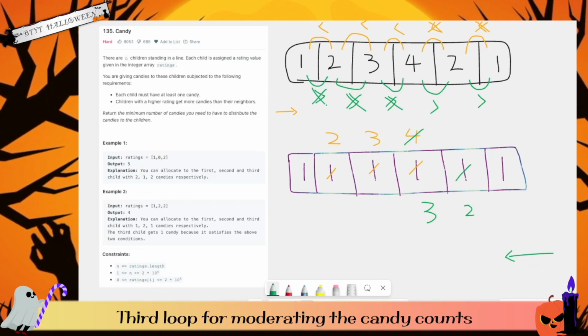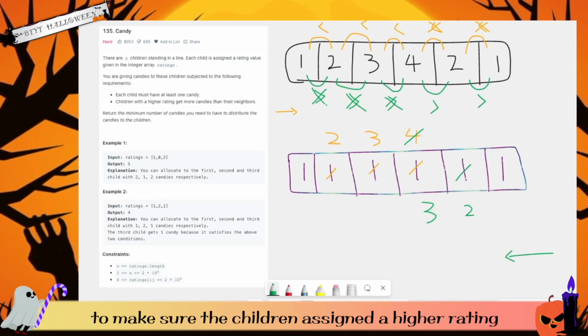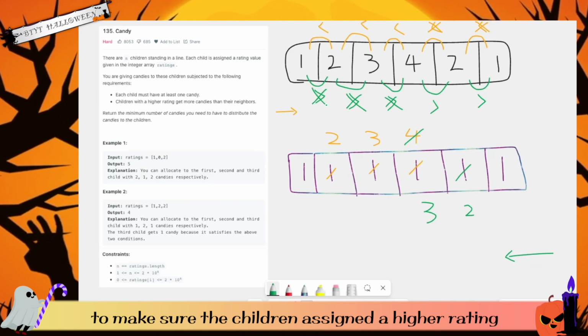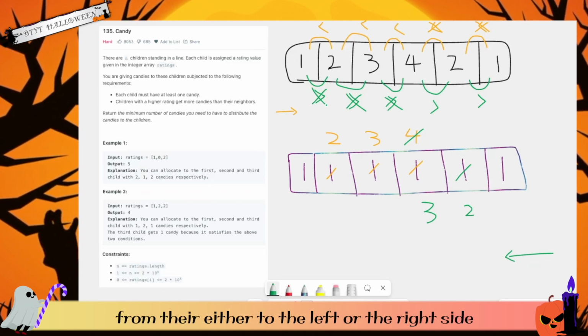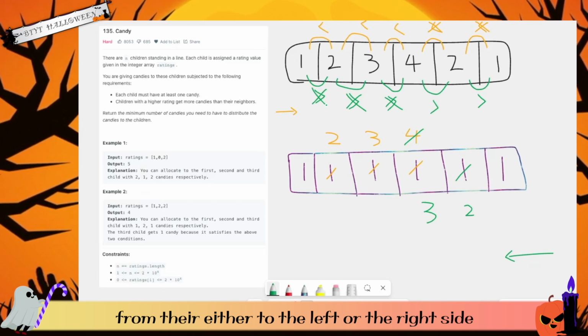Third loop for moderating the candy counts to make sure the children assigned a higher rating get more candy than the others who are standing either to the left or right side.